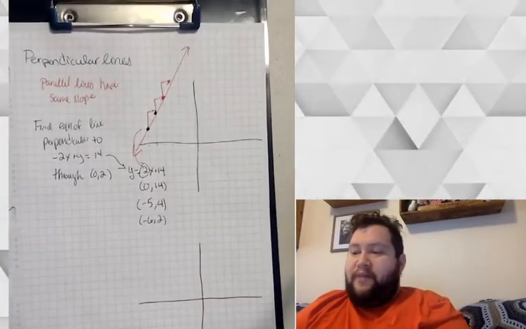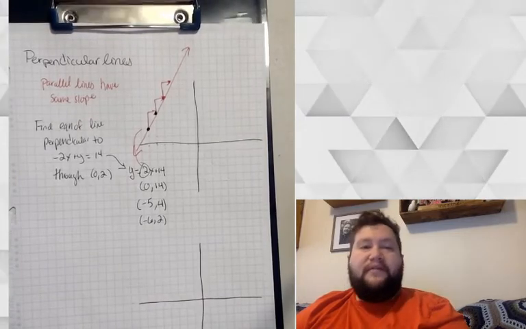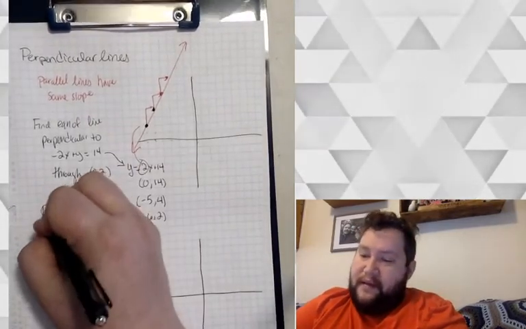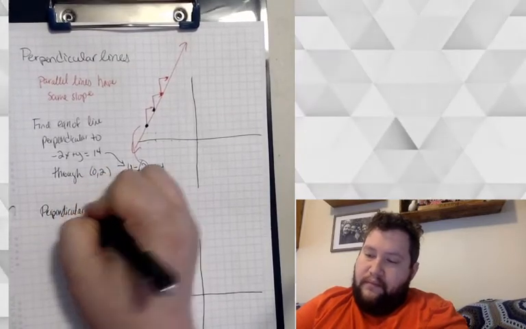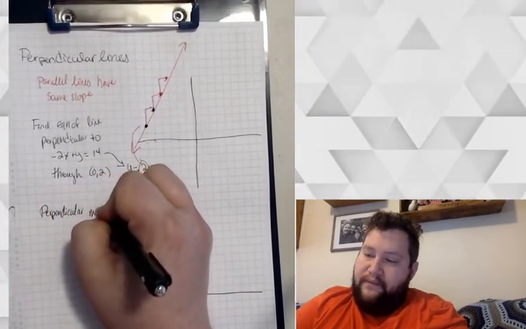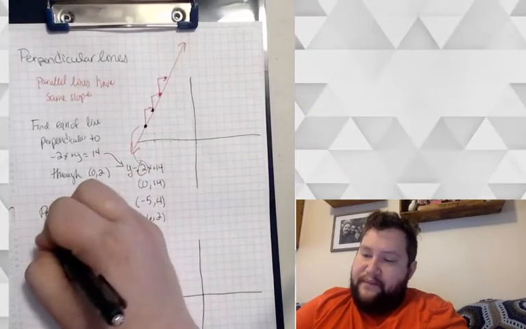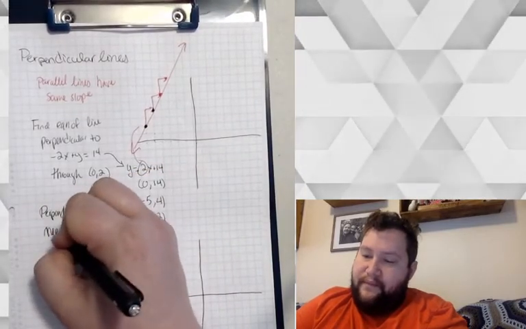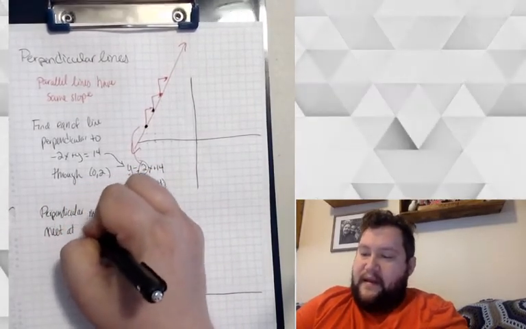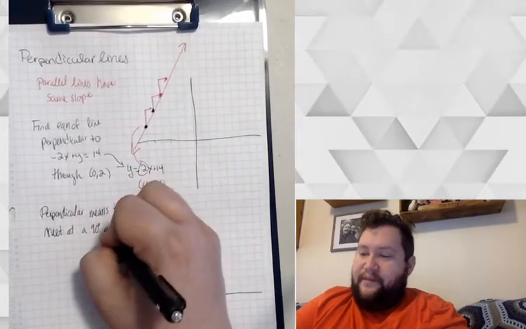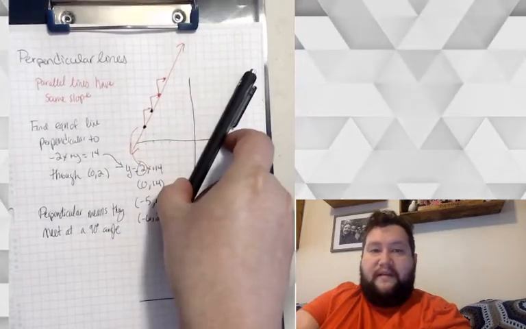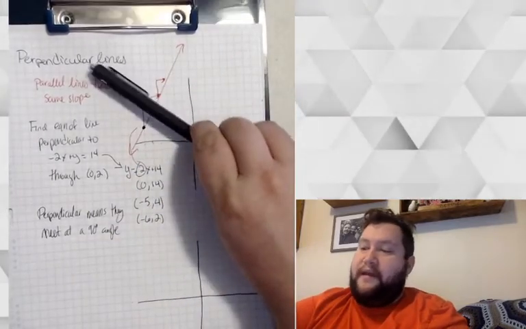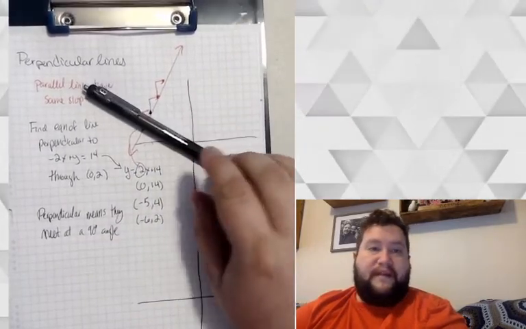Now we want it to be perpendicular. Now perpendicular means they meet at a 90-degree angle. So if parallel would look like this, perpendicular is going to look like this.